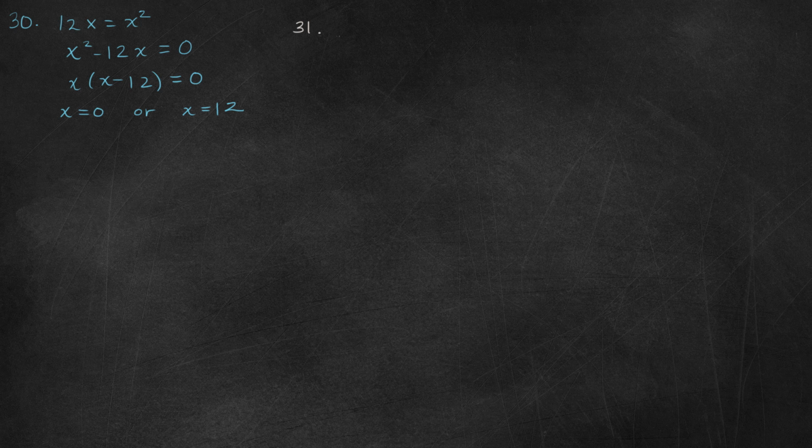Number 31. Use long division to rewrite 2x to the power 4 plus 3x cubed minus x squared minus 1 over x minus 2. So this is polynomial long division, but the algorithm is very similar to the algorithm you use when you're doing long division of numbers.